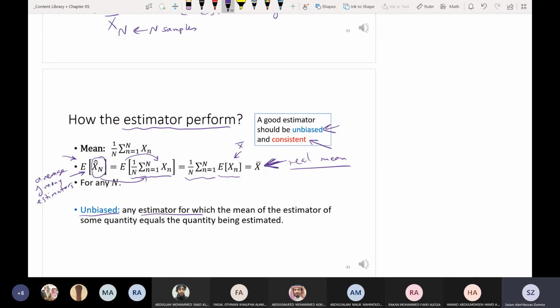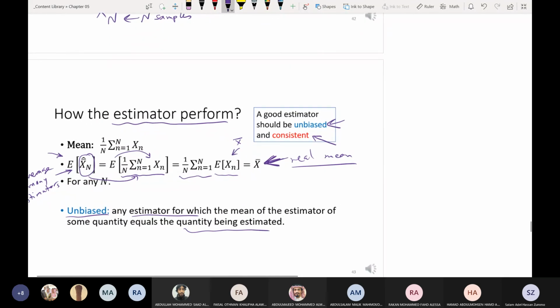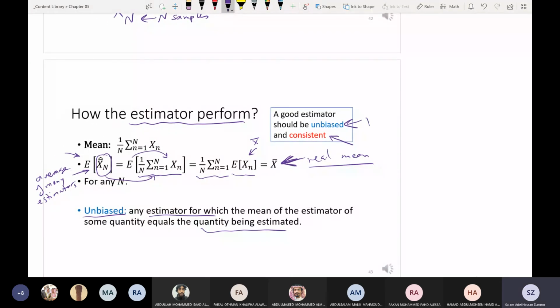So an unbiased estimator is one for which the mean of the estimator of some quantity equals the quantity itself. This is the first characteristic, property number 1. Next time, inshallah, we'll talk about consistency, property number 2.